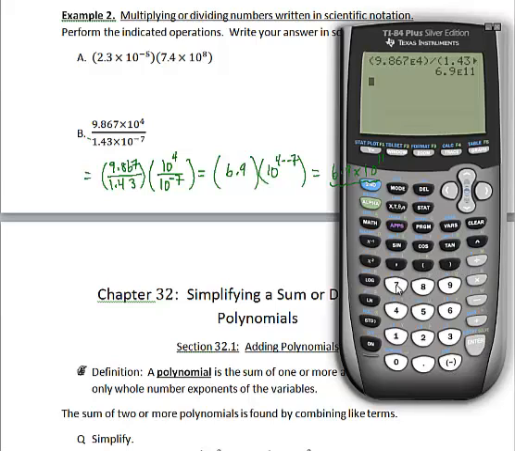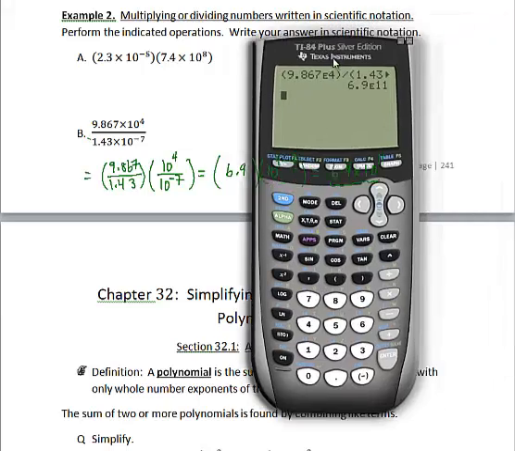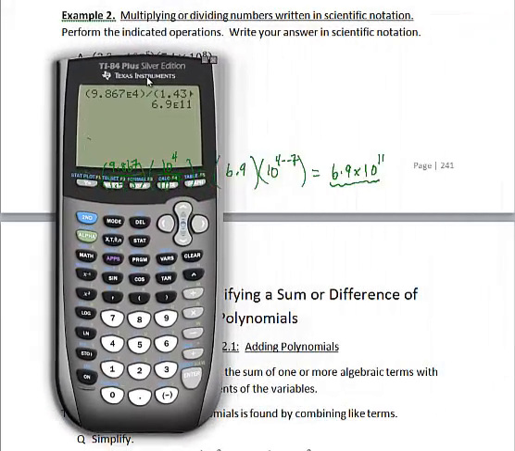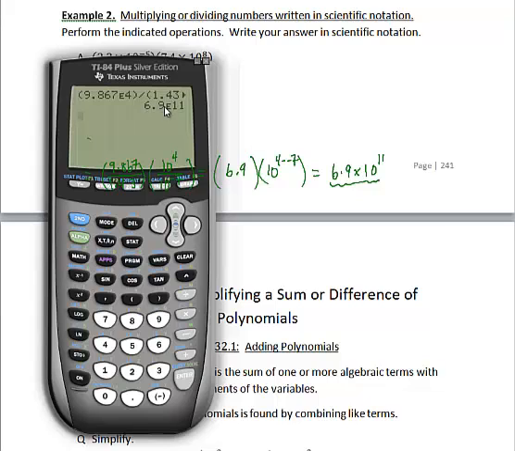Enter. We get the same thing that we calculated over to the right. 6.9 E is the times 10. It tells us what our exponent of the 10 is. 11. Our base number matches and our exponent matches. So we were right.